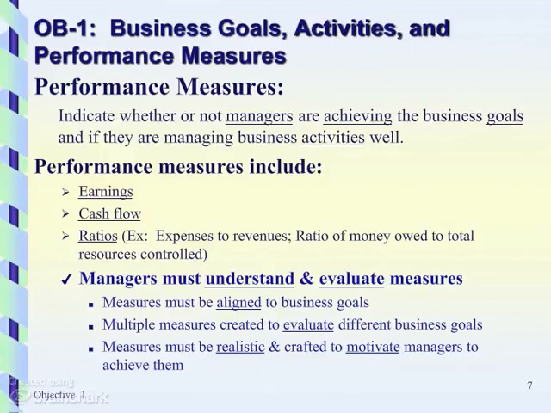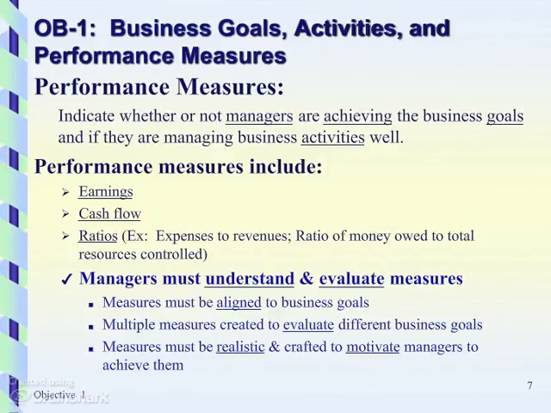Managers must be able to understand and evaluate their measures. They must make sure that measures are aligned to the business goals. They generally will have multiple different measures to help them to evaluate different business goals, and the measures must be basically realistic and crafted to motivate managers to help them achieve the goals.